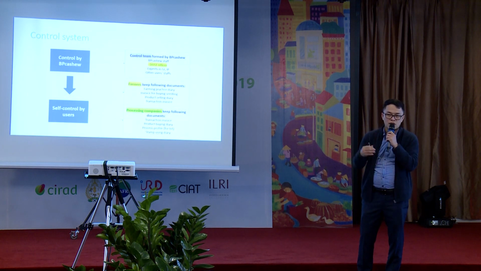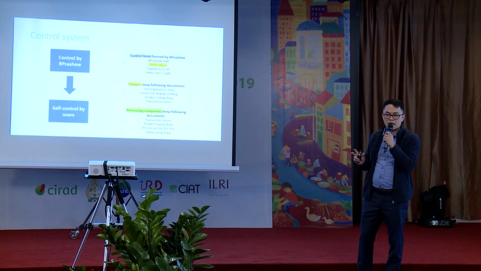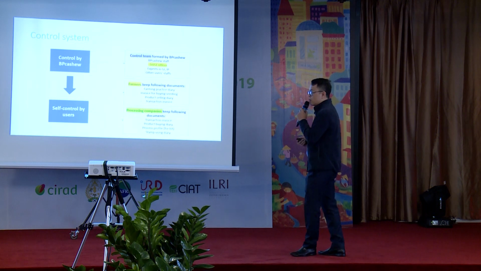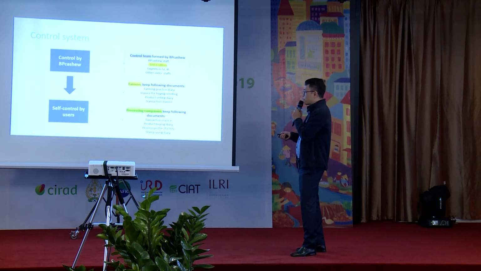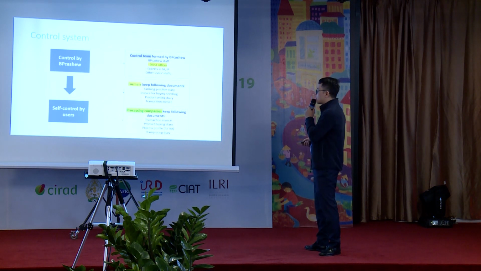So we tried to reorganize and think about another model that we can incorporate those kinds of control into. We came to the conclusion that there are only two: the first is self-control, and the second is control by the association.